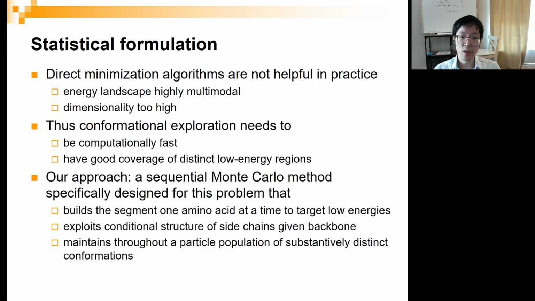It also takes advantage of the structure that I showed you on the board in terms of the relationship between the side chain and the backbone. A key concept in sequential Monte Carlo is what we call a particle population. This is what allows us, via this method, to maintain a set of substantially distinct conformations, all of which are low energy and realistic from an energy viewpoint.